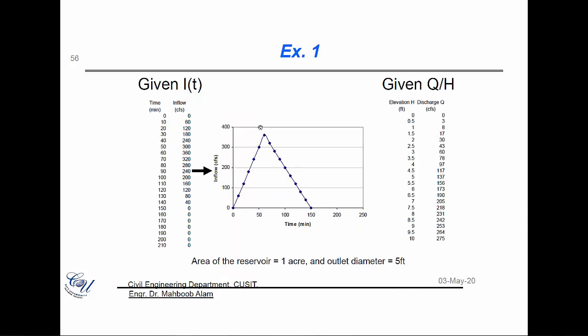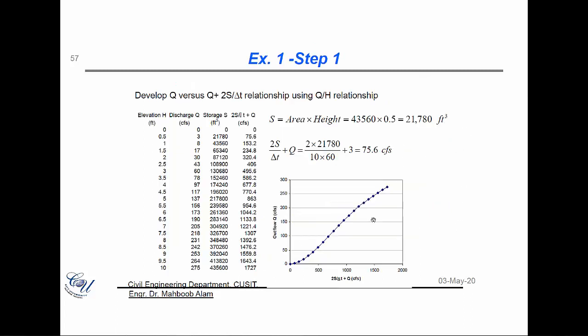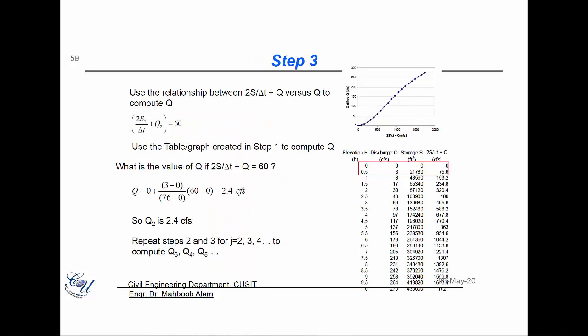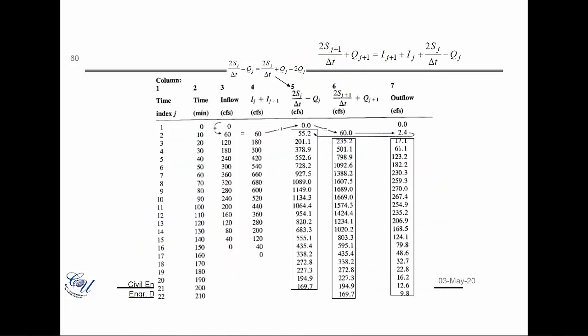I have this inflow hydrograph, and based on this given Q by H relationship, I developed this relationship, which is now also available to me. And now I move to the important thing. An important thing is this graph or this table. This is what we will be calculating, and this is important to understand.